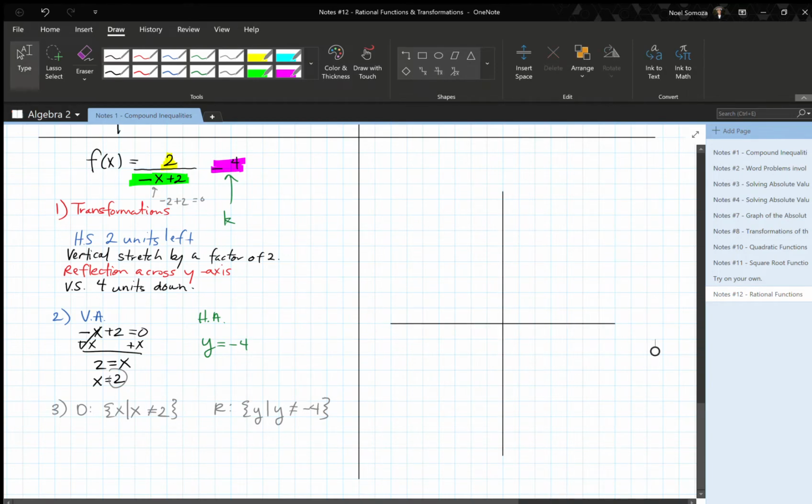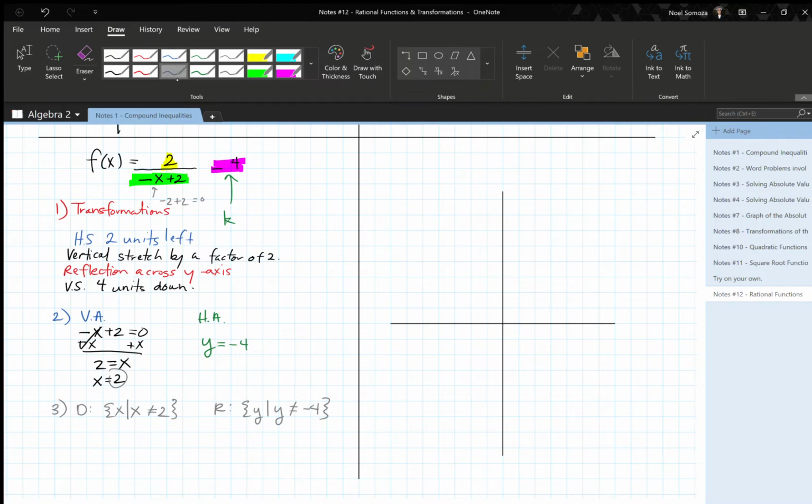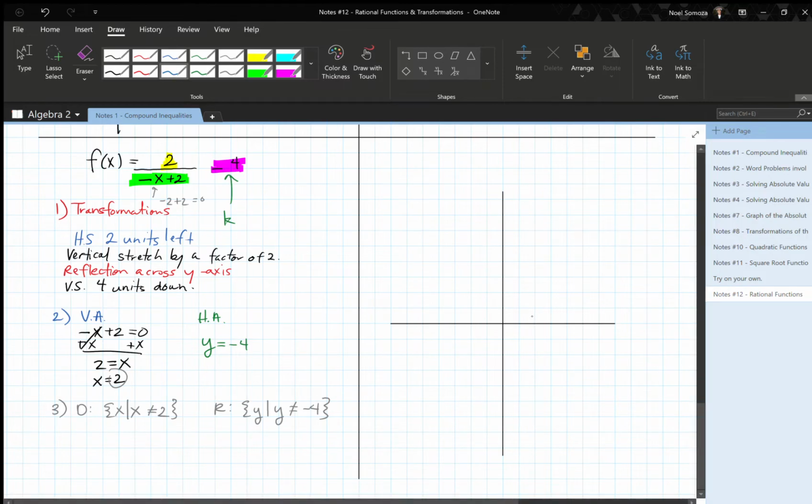We have a vertical asymptote at x equals 2, so at 2, vertical asymptote x equals 2.